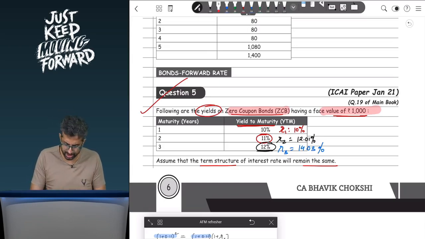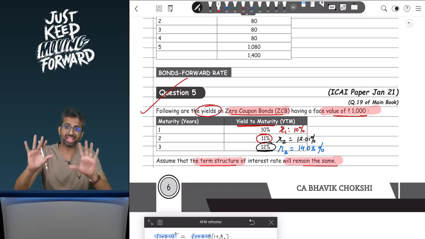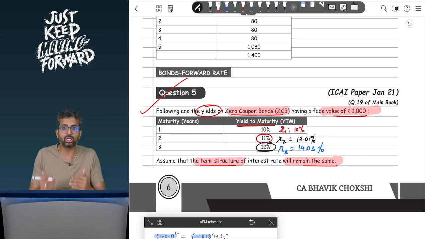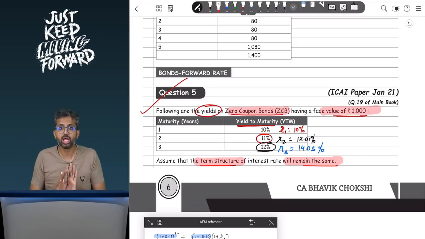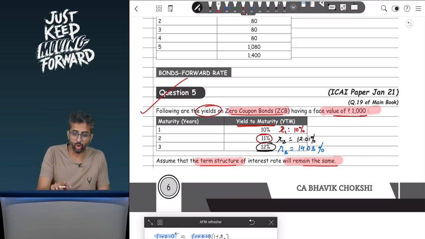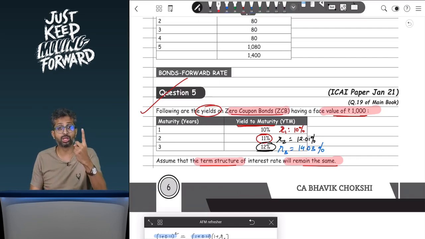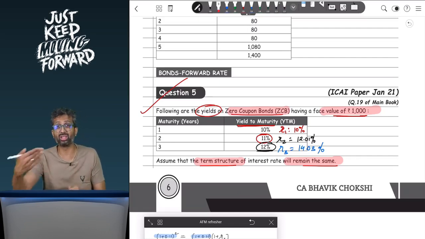Now at the end of the first year, the question says that the term structure remains the same, which means what you expected over the term actually happens. Now you reach the end of the first year. Tell me, at the end of the first year, will the first year bond have matured? Yes. But for the second year bond, out of the 2 years, 1 year has gone by and hence only 1 year is remaining.